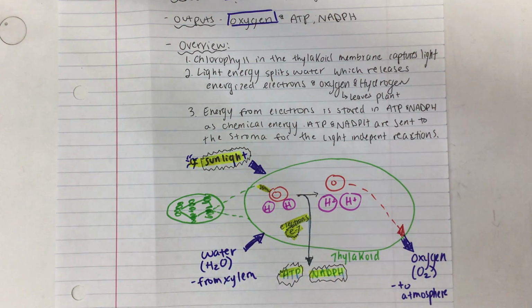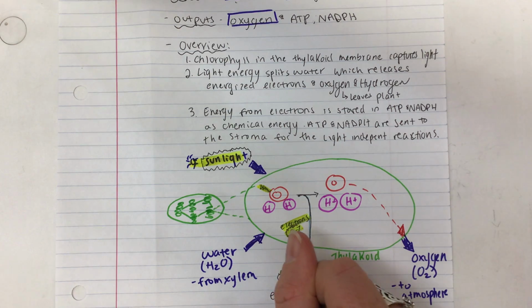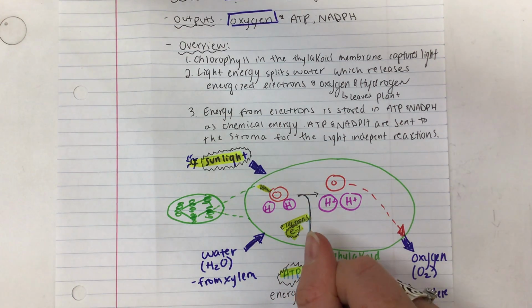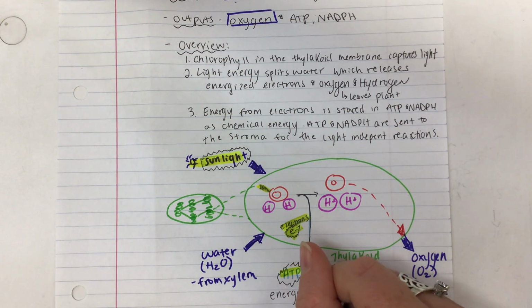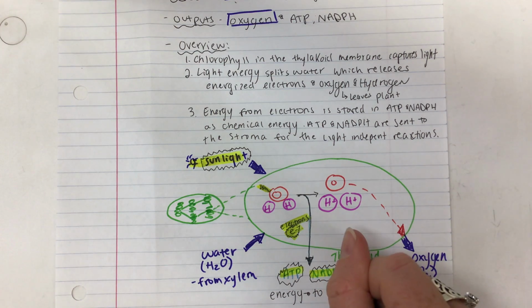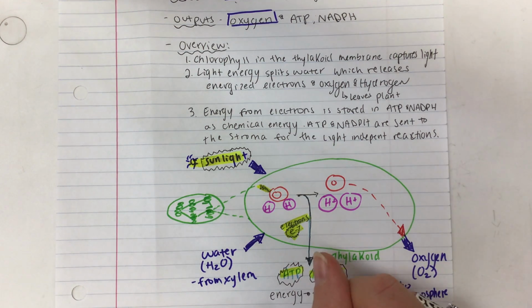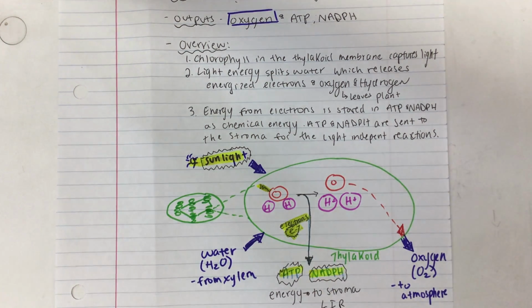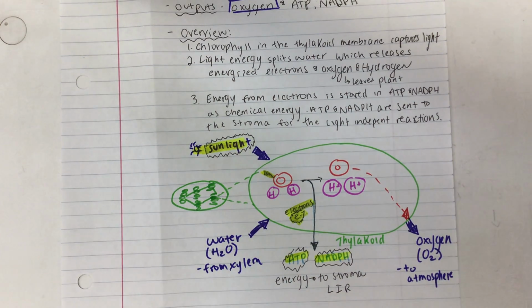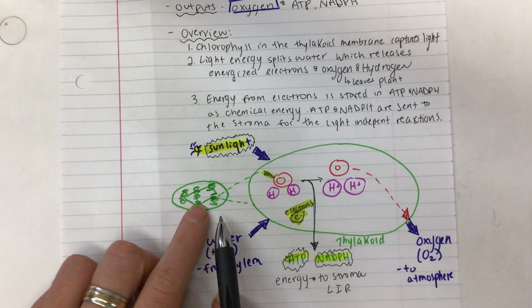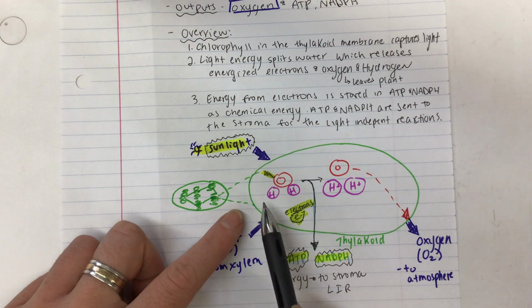And these are headed to stage 2 in the stroma. Energy going to the stroma for, and I'm just going to write the LIR, light independent reaction. So there is our little model. Again, we zoomed into a single thylakoid.